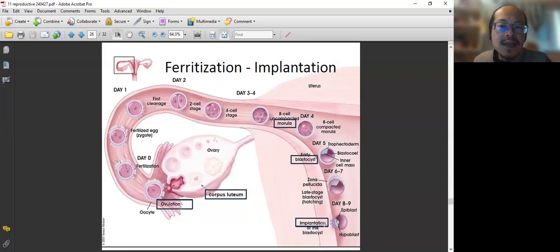And so this placenta serves multiple functions. It serves as the interface between mother and the baby. It serves as the device that nourishes the baby, helping the baby to grow.